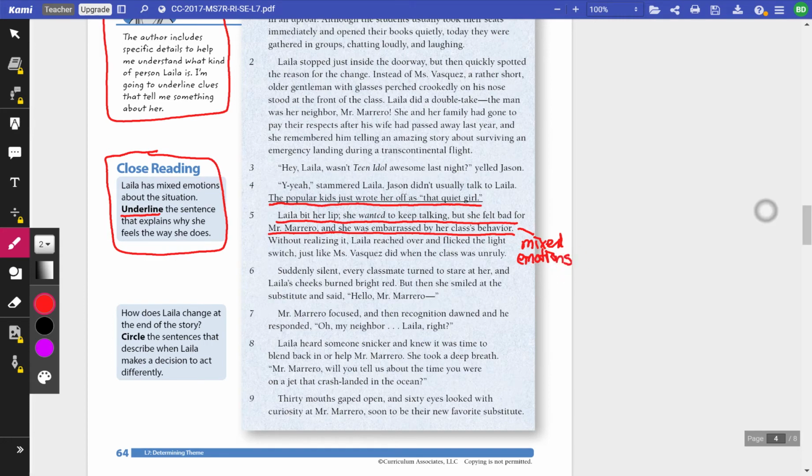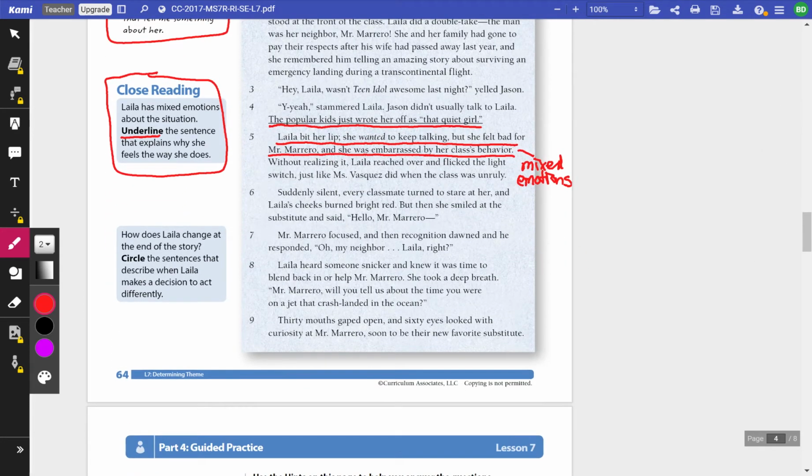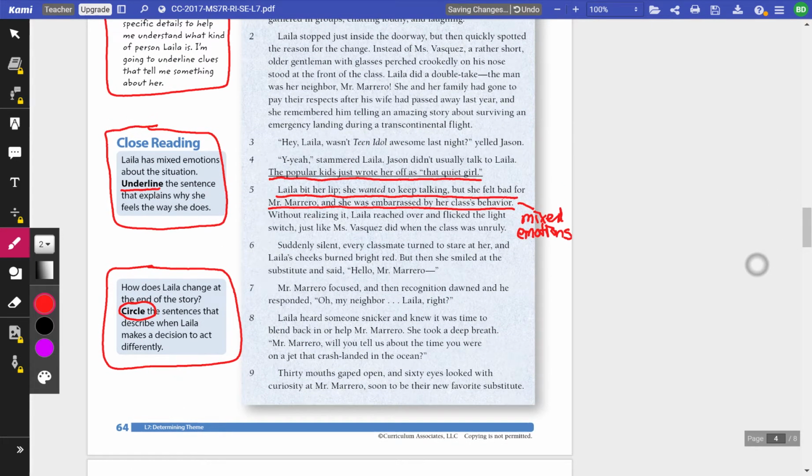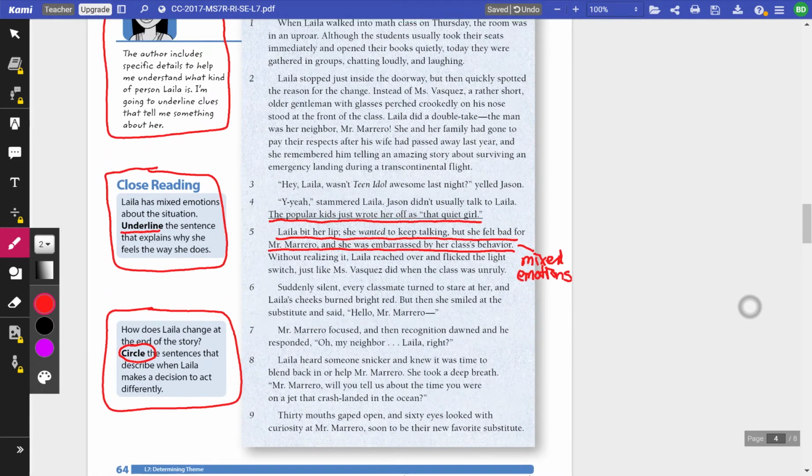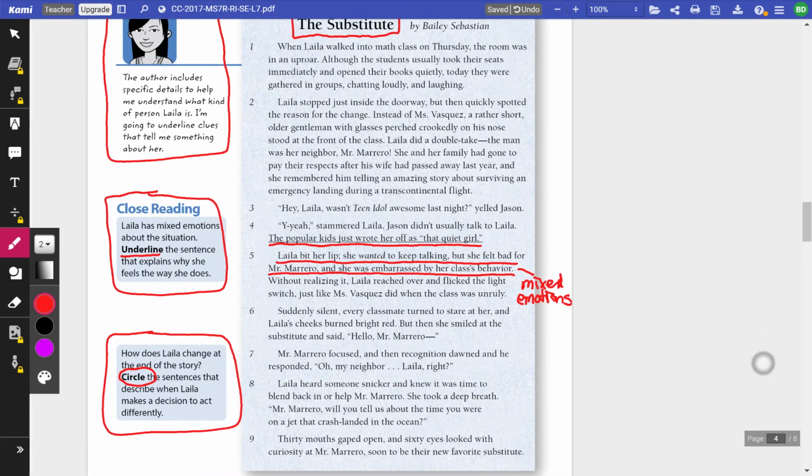Okay, so now let's look at our last close reading. And it tells us, how does Layla change at the end of the story? Circle the sentences that describe when Layla makes a decision to act differently. Okay, so we know that something about Layla is changing throughout the story, and she is a different person than she was at the beginning.